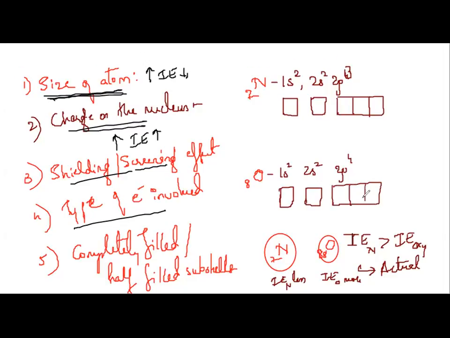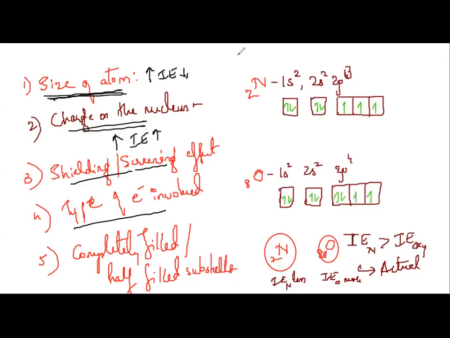If you look at the orbital diagram, you will understand. 1s2: two electrons, spin up, spin down. 2s2, 2p3: by Hund's rule of maximum multiplicity, pairing does not take place until each orbital is half occupied. So it is 2p3. For oxygen, 1s2, 2s2, 2p4: spin up, spin up, spin up, and then spin down.